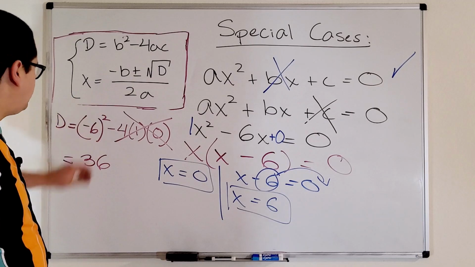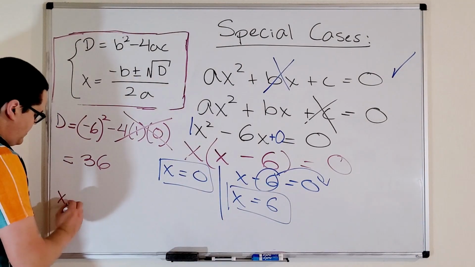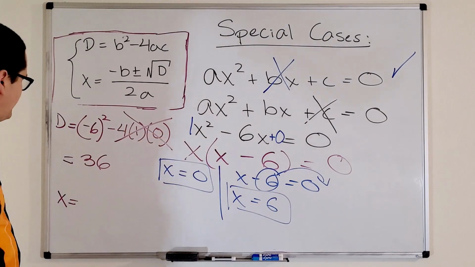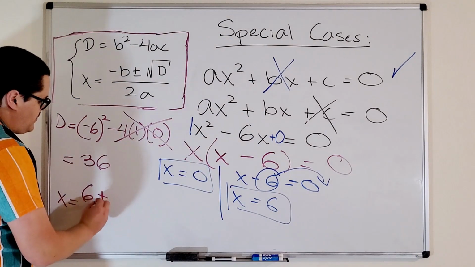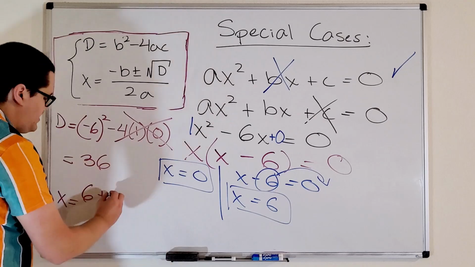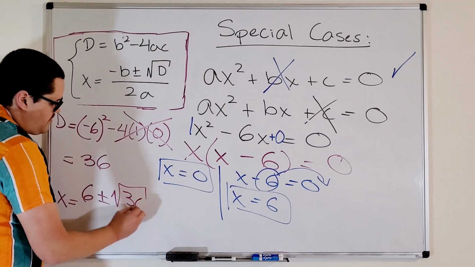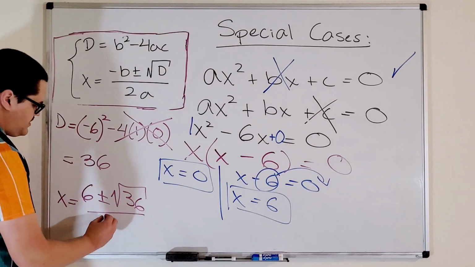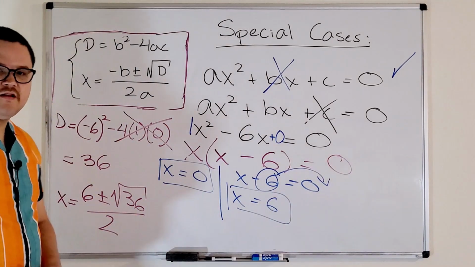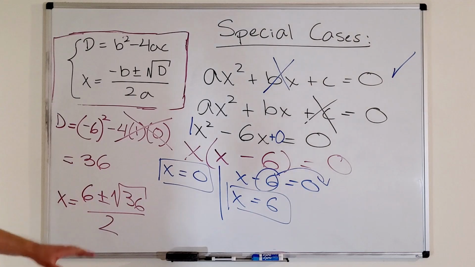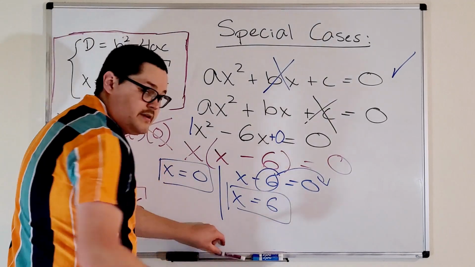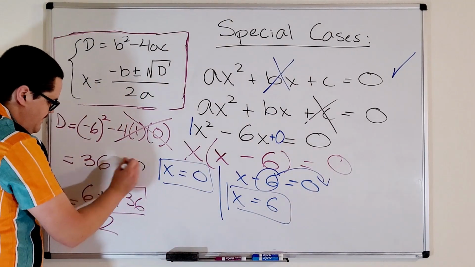And then our solutions are negative b, so negative negative 6 is positive 6, plus or minus square root of d, square root of 36, all over 2 times a. So 2 times 1 is 2. Okay, so our two solutions, we take the plus sign and the minus sign. So square root of 36 is obviously 6.